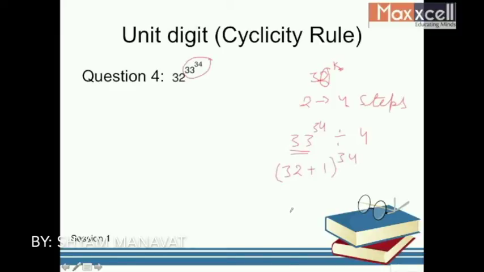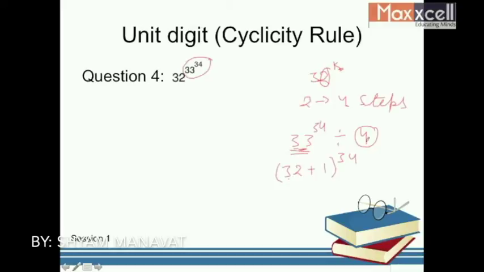Now here I am going to apply the remainder theorem that we will learn in the coming topics of this number system. Whenever there is a number with a power divided by another number, we try to write the base in a way that we get a multiple of the divisor, which is 4 in this case, plus 1 or minus 1.